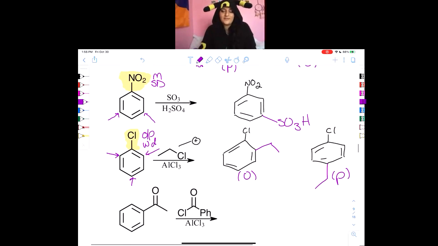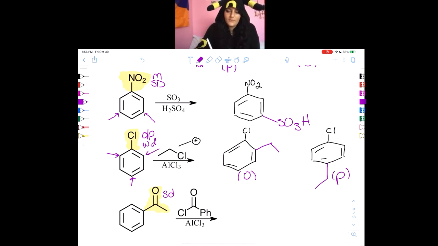And since someone asked, we can just look at this next one. So what kind of group is this? Activator or deactivator? Yes, it is a strong deactivator, which means it is a meta director.